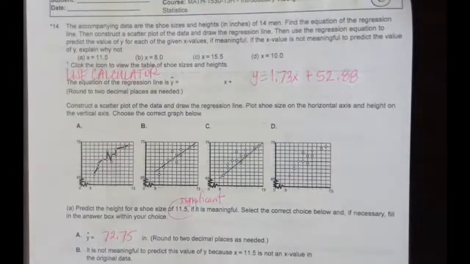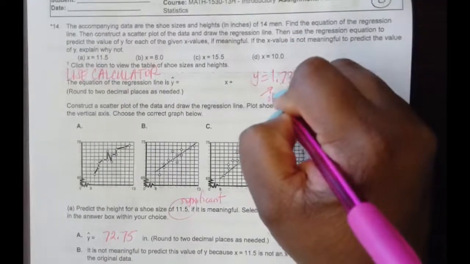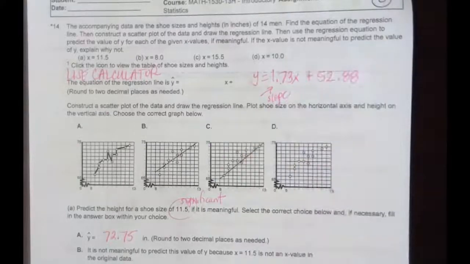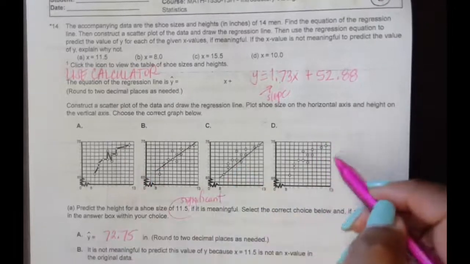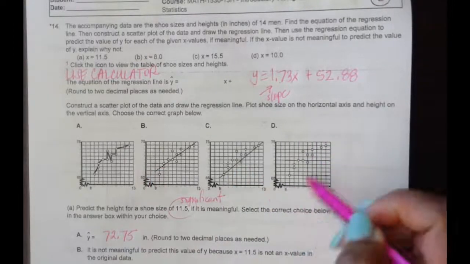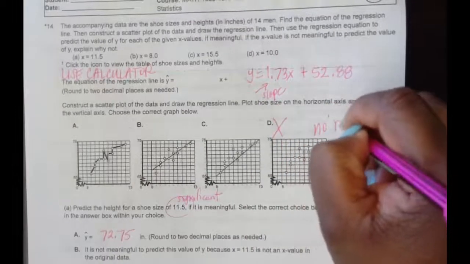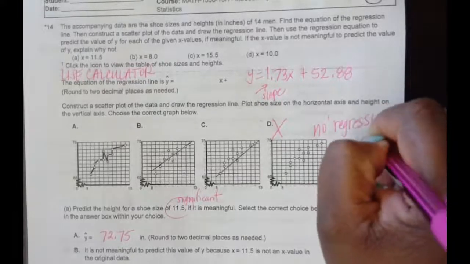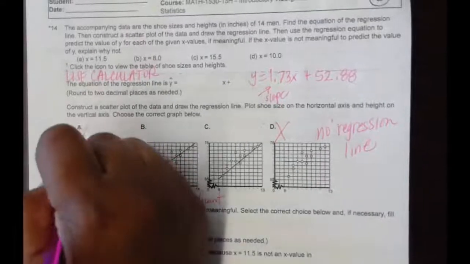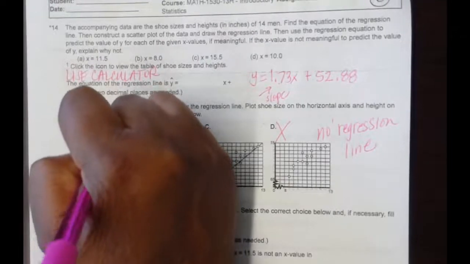I notice that my slope is positive, so I'm only going to consider these two graphs. There's not even a line in this one. Can't be right. No regression line. This one's not even linear, and regression lines are linear.